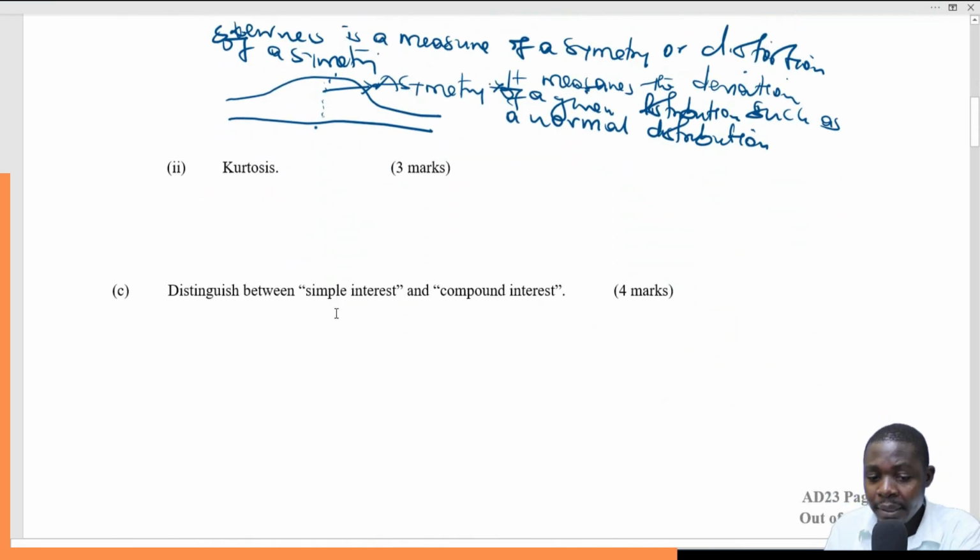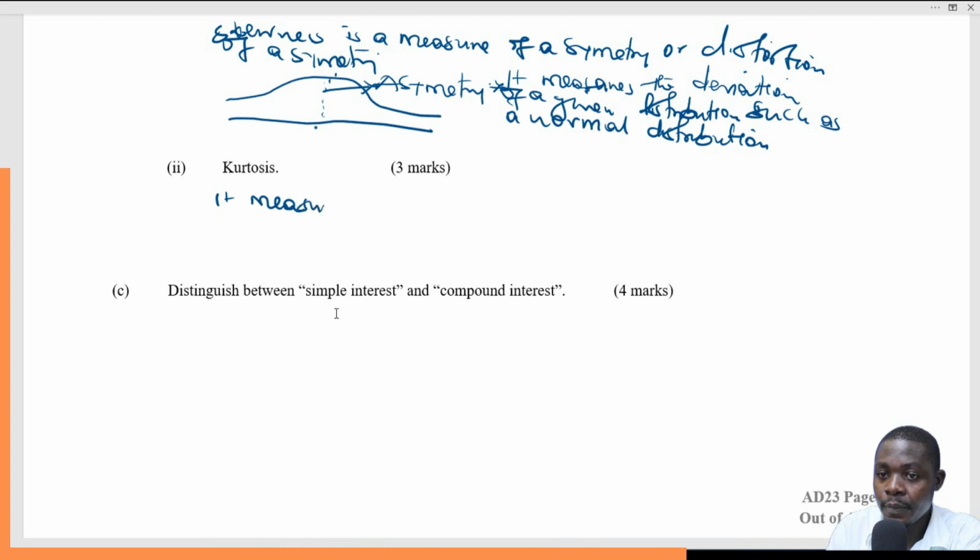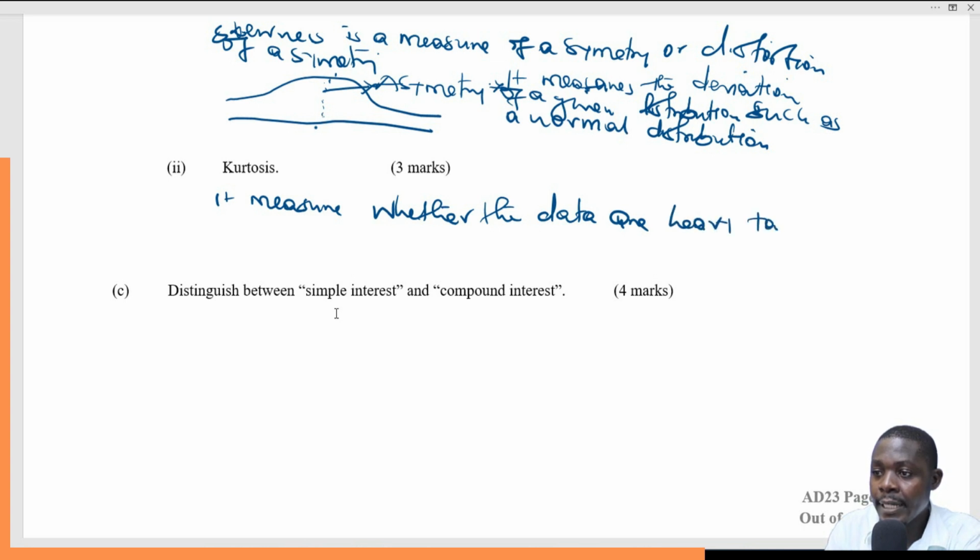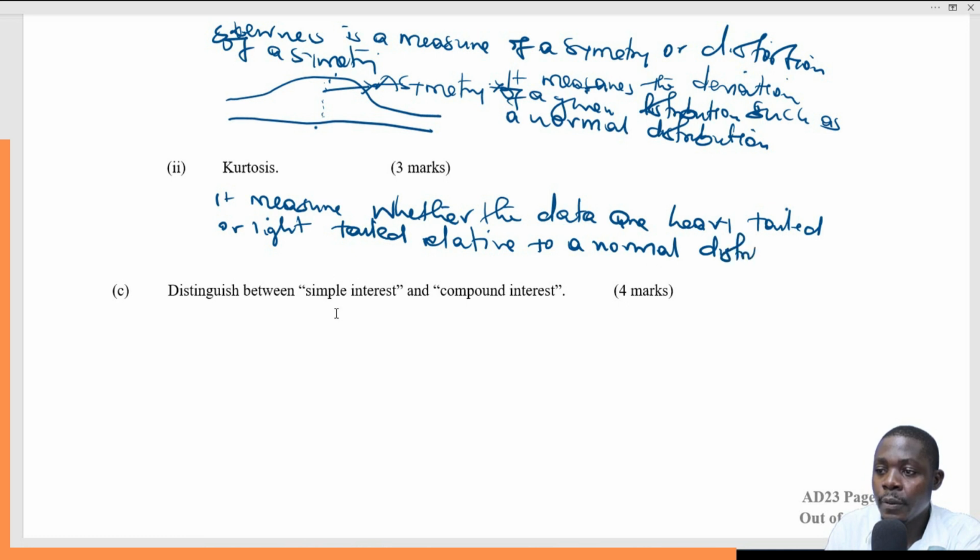It measures whether the data are heavy-tailed or light-tailed relative to a normal distribution.